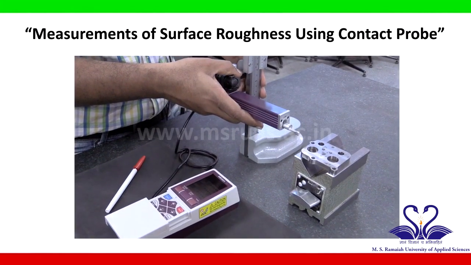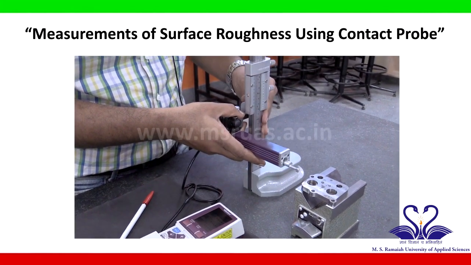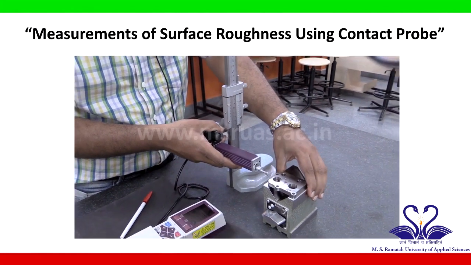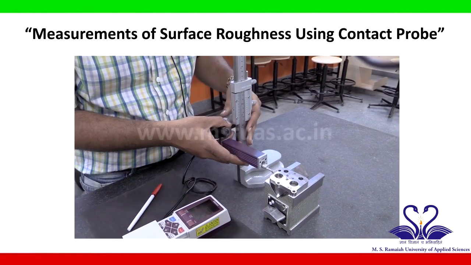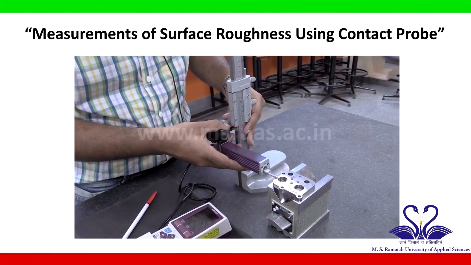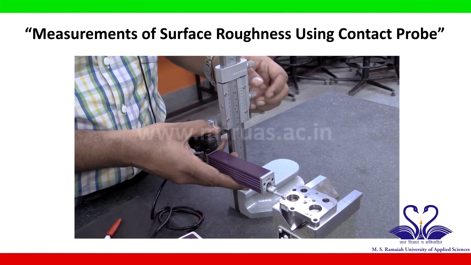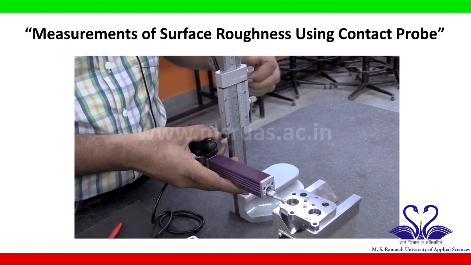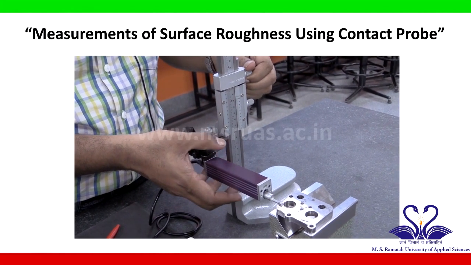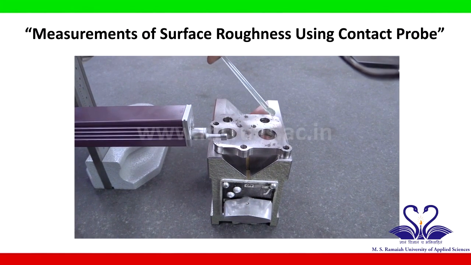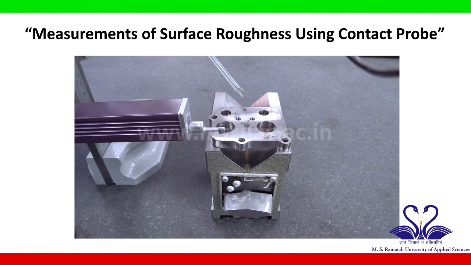Now let us adjust the drive unit and the component close to each other. One should know the component for which we are measuring the surface roughness.